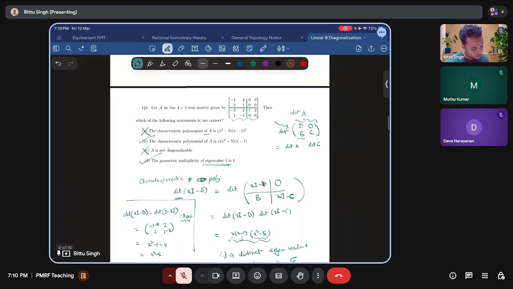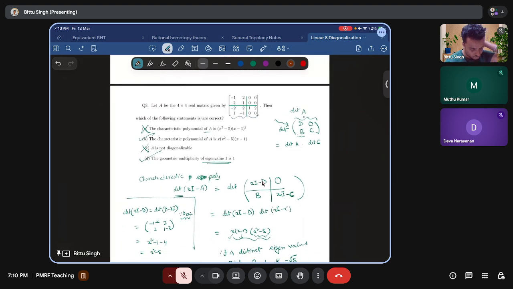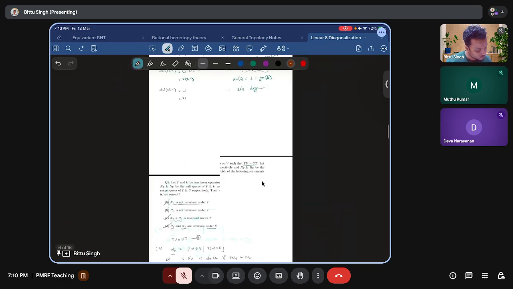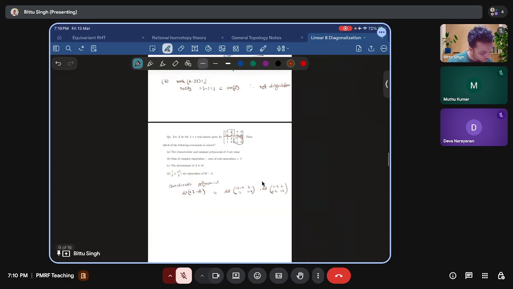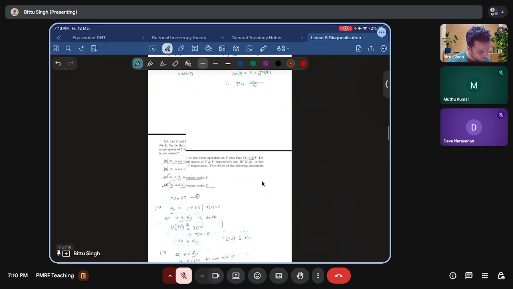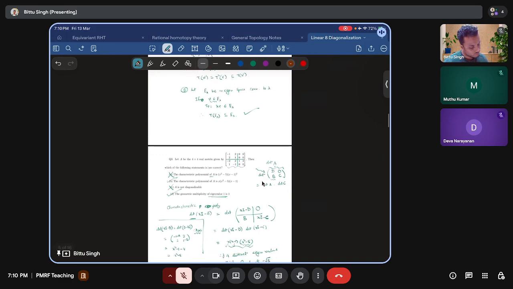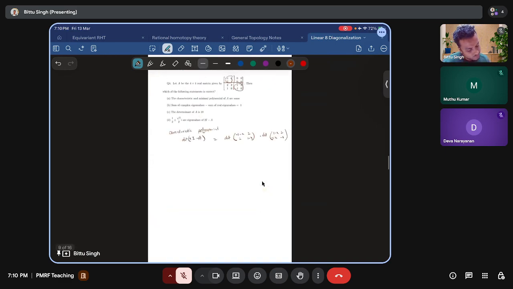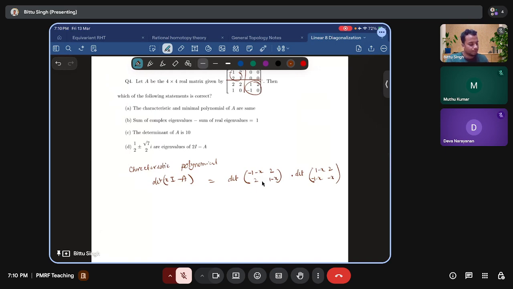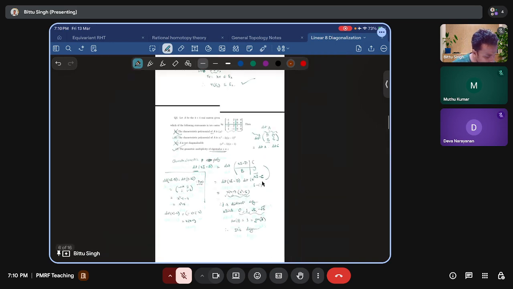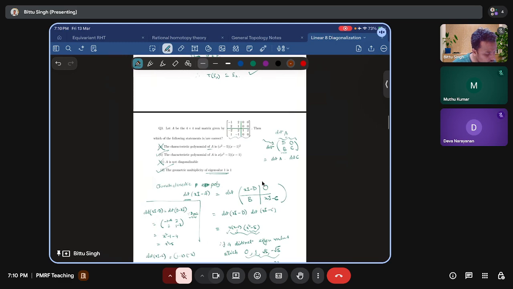Okay, it is slightly different. The entries are minus 1, 2, 1, 2, 2, 1, 0. Oh, it is different actually. The determinant of this is the same as the one already calculated, because this is the same as that.